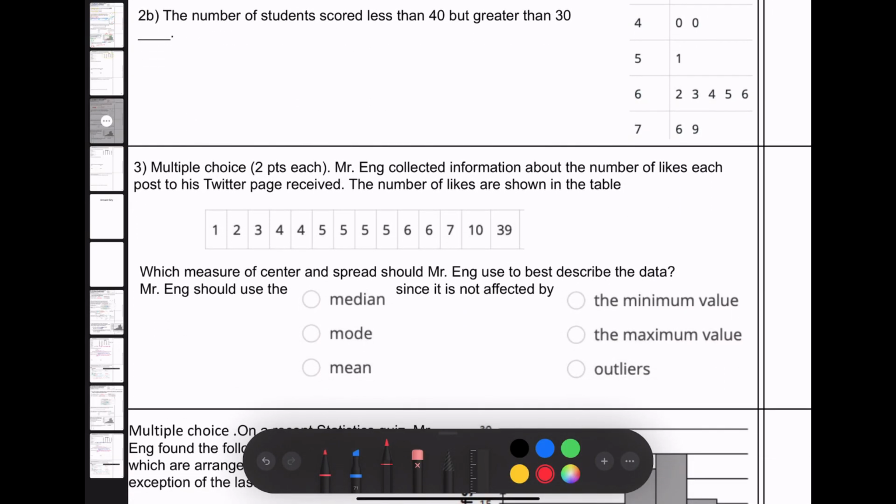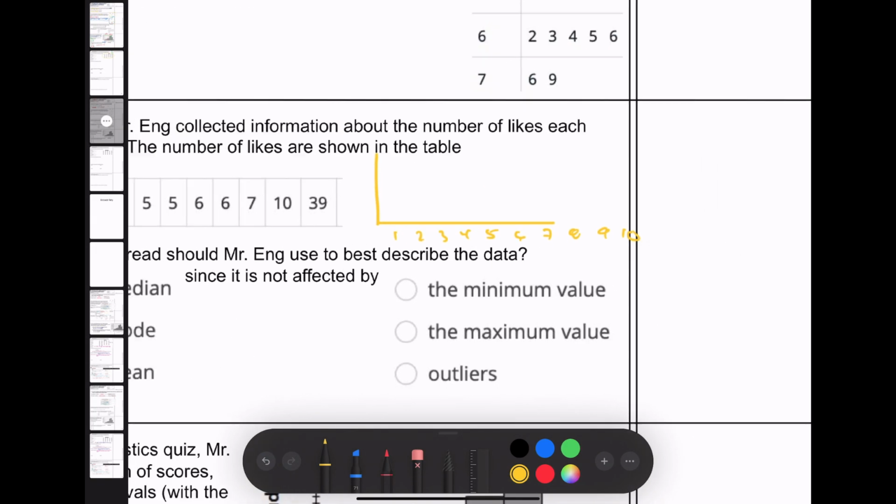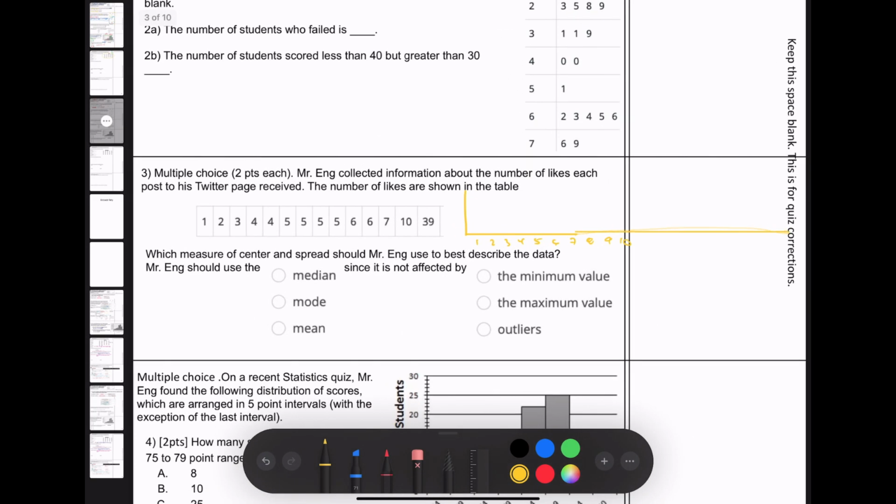Okay, question number 3. Mr. Ng collected the information about the number of likes of each post to his Twitter page received. The number of likes are shown in the table. If you wanted to, you can just make a quick one, or you can make a dot plot. I'm just going to make something really quickly. And then I'm just going to do something way out here. Let's call that 30.